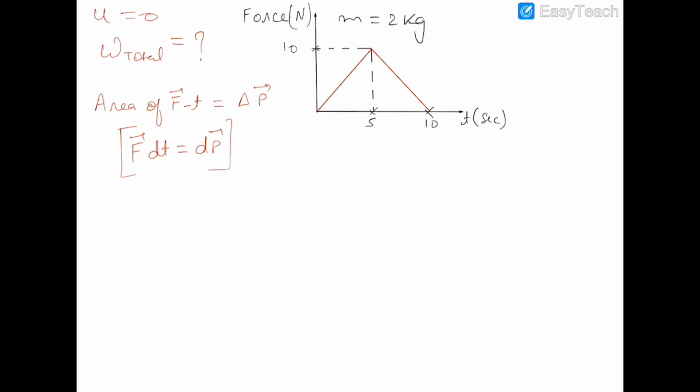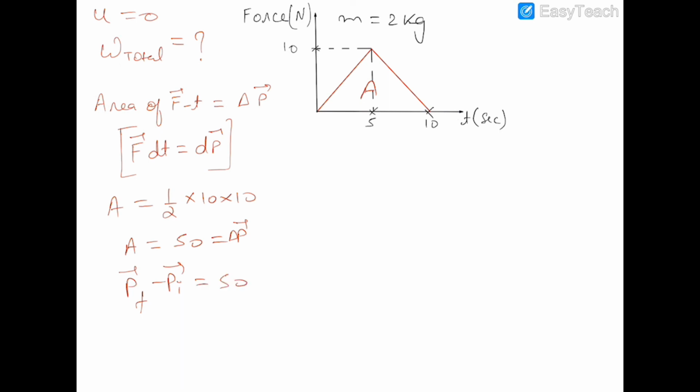So first of all, we are finding out the area, and the area here A will be equal to half into 10 into 10, which is equal to 50. Now this is the total change in momentum, which is 50, and change in momentum will be P final minus P initial. So this is equal to 50.